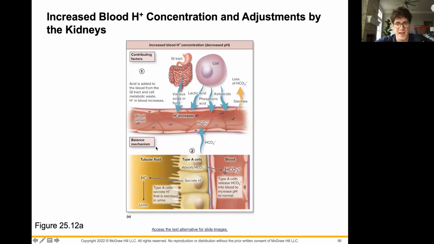Now, when that happens, the blood will be coming in, and the cells in your kidney tubules are going to realize, hey, we have too much hydrogen ion in our blood, at which point they will absorb some of the bicarbonate that got secreted into the tubular fluid and put it back into the blood. They will also be secreting additional hydrogen ions into the tubular fluid so that we can secrete some of that excess hydrogen ion concentration.